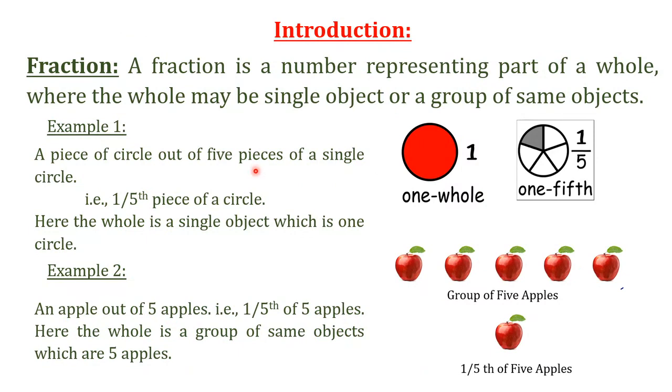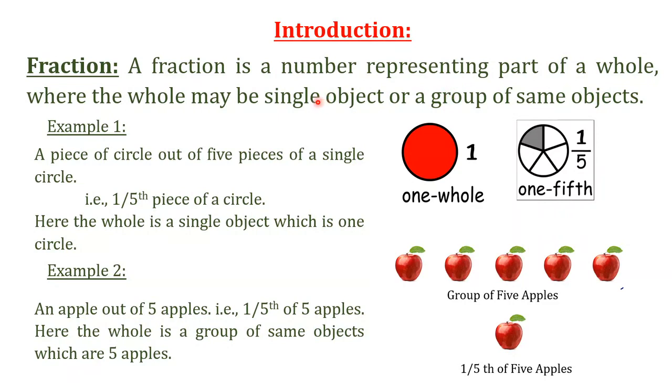So coming to the introduction, here we are going to learn about the different definitions in the fractions. Before going to enter into the chapter, first we have to know what a fraction is. A fraction is a number representing part of a whole, where the whole may be a single object or a group of same objects.